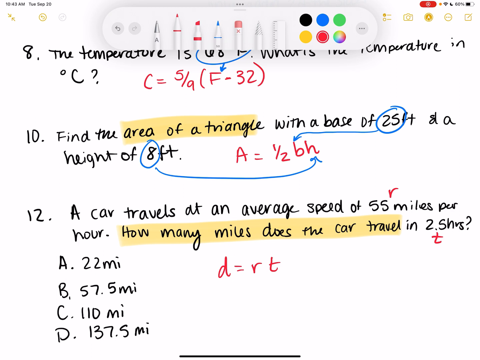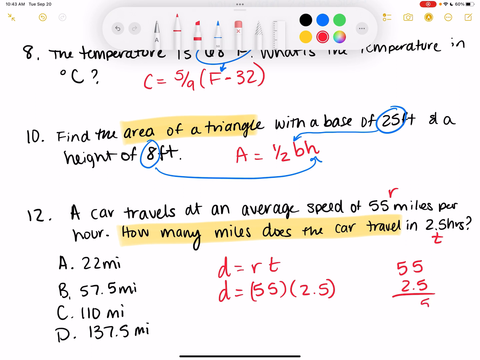So all I'm going to do is plug in 55 here and 2.5 here, and then I'm going to multiply. So D equals 55 times 2.5. And then I can set that up to multiply.